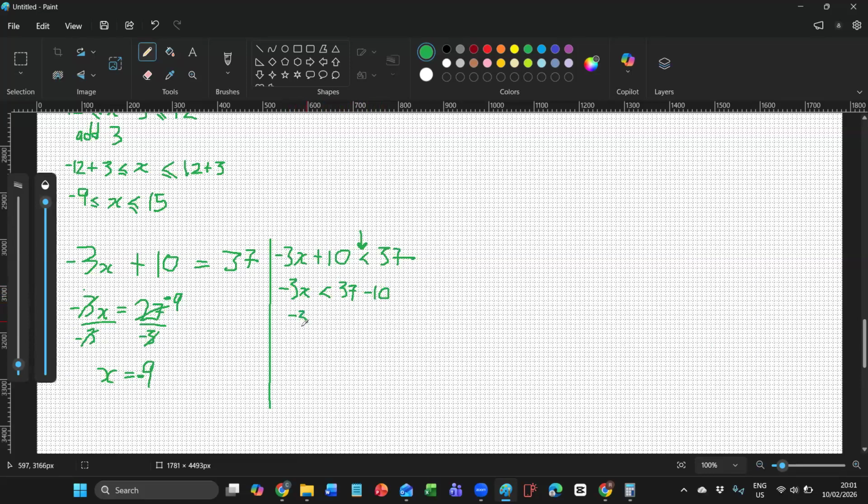Now watch what is going to happen. We want to divide both sides by minus 3.